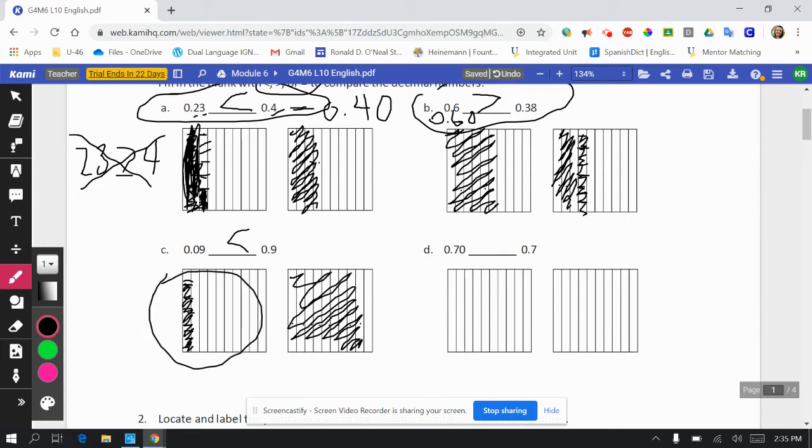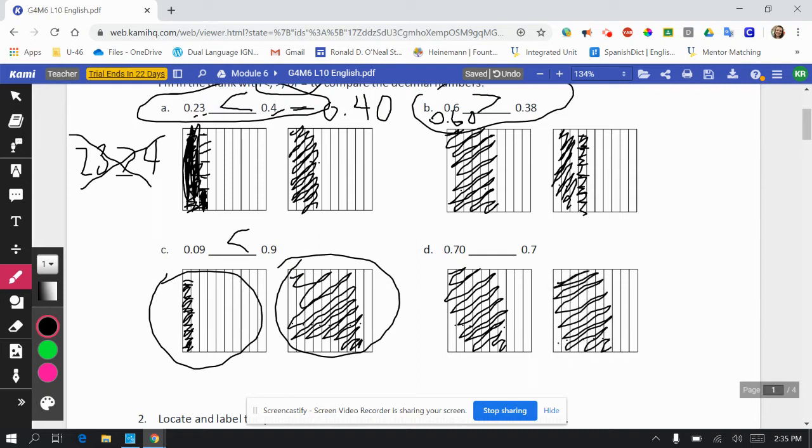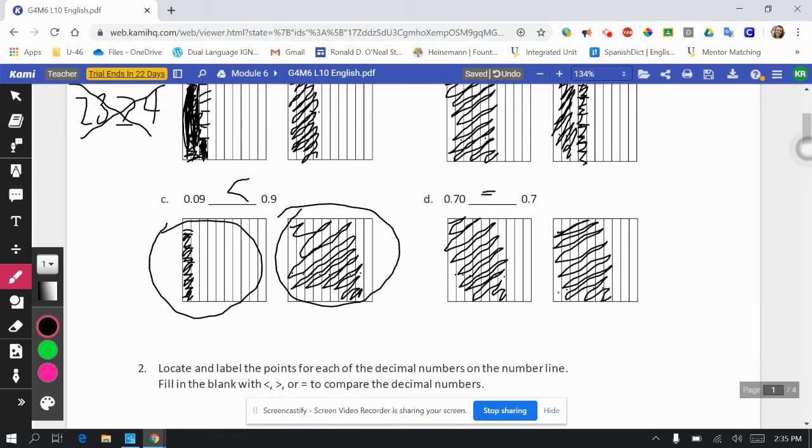It's pretty tiny, and 0.9 then is pretty large. So hopefully that one's pretty obvious. This one is equal.